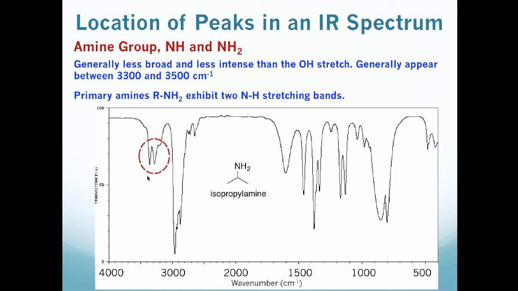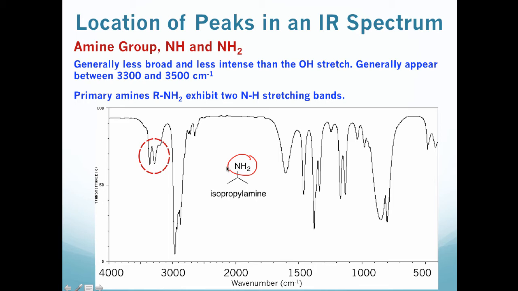So just based on the wave number, they're difficult to figure out between an NH and an OH, but by looking at the shape of the peaks, usually it's pretty easy to tell. So here we have an NH2, part of isopropylamine, and you can see that they're in the same region as the OH, but they're much less intense and they're sharper peaks, so you'll generally see that with amines.